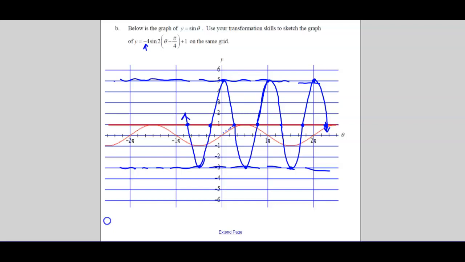So you don't actually have to transform every point. If you do, it's going to take you a long time. You use your midline first. You have to know what sine looks like to begin with. Does it start at the origin? Yes. Then you think about your period, because it's got to repeat. So if the period is pi, from that translated over part, it's going to be pi every time.